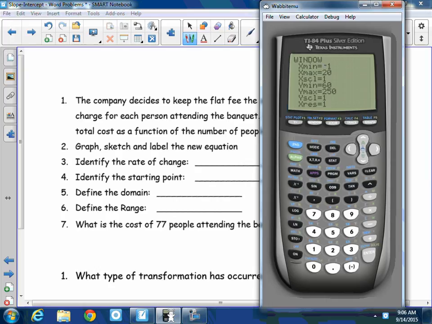Negative 120, 160, 250. No, not 160. 1 and then 60. 250 and then 1 and 1. Just look at the board and make sure you have what I have.